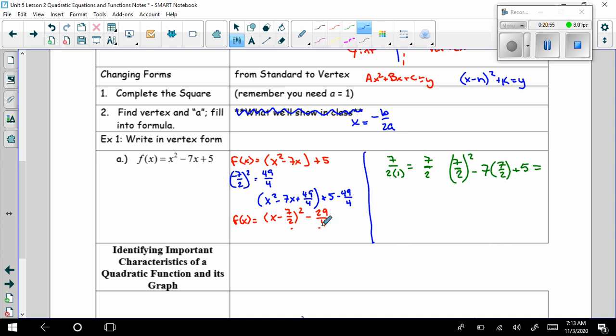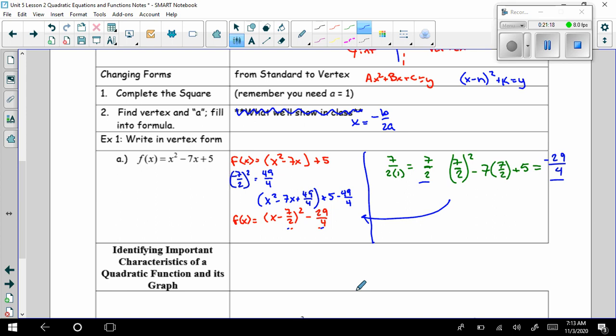I'm going to do a little cheating here. I know the y value, because we solved it over here, is going to be negative 29 over 4. Okay, so you should see that you get the same x and same y as you have right here for your vertex form, and then you would just plug those in and be done.